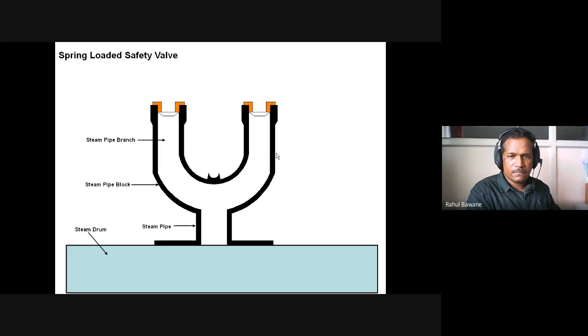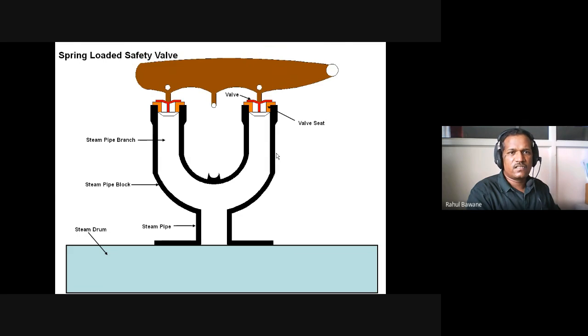These are the valve seats, these are the valves, and this is the spring loaded safety valve, so there must be a spring. Due to this arm, both valves remain closed, and the center portion is attached with a spring.